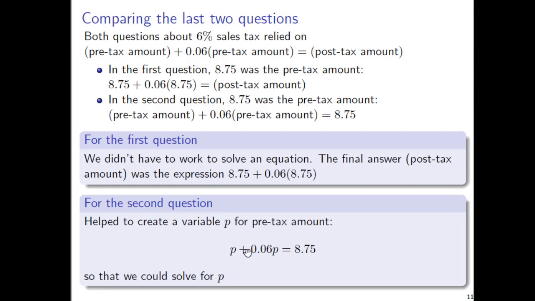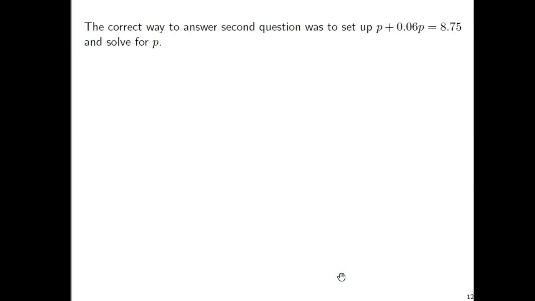What's that? Well, we don't know. So p, plus 0.06, so we copy down 0.06, and then times pre-tax amount. Again, we don't know the number, but at least we can refer to it. It's like having this label to name it. It was p. That was helpful, so that we set up the equation p plus 0.06p equals 8.75. That way we have a full equation, and now we can solve for p.